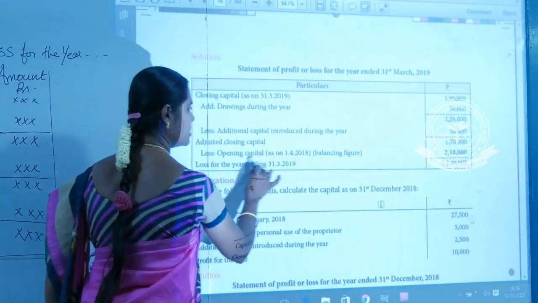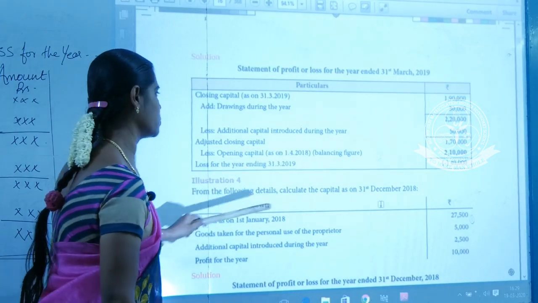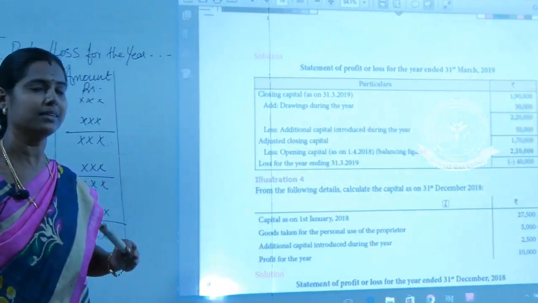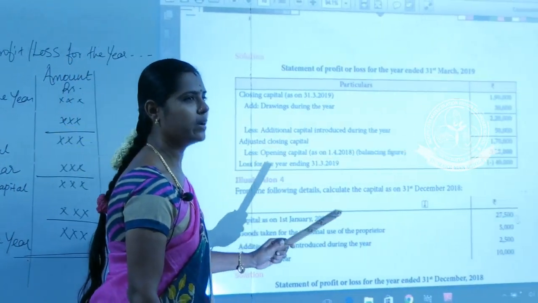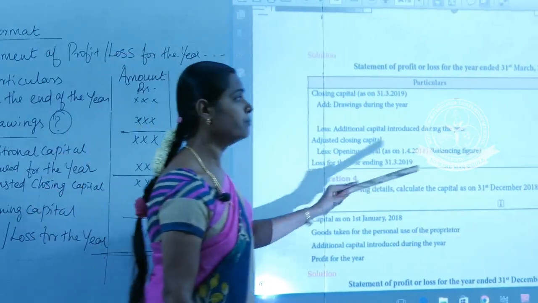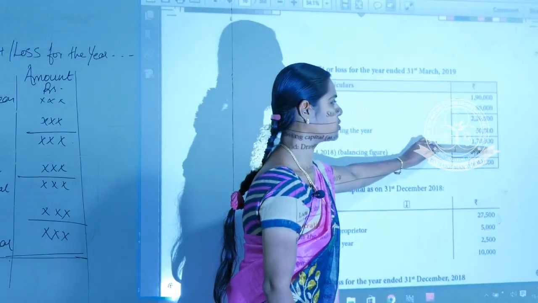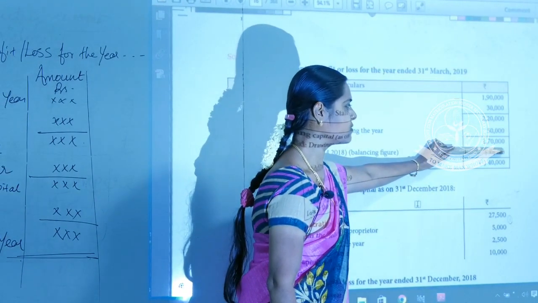This information is hidden. We are going to find only this information. But you have a clue, that is the loss for the year. A loss is always represented with a minus sign only. So 1,70,000 minus 40,000.